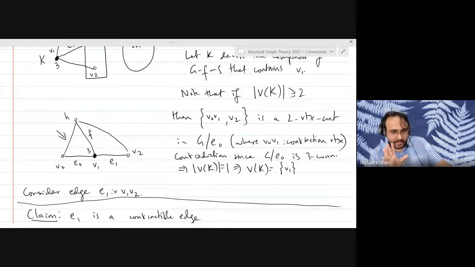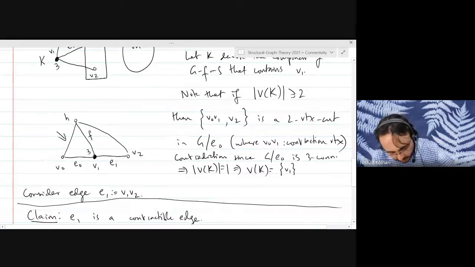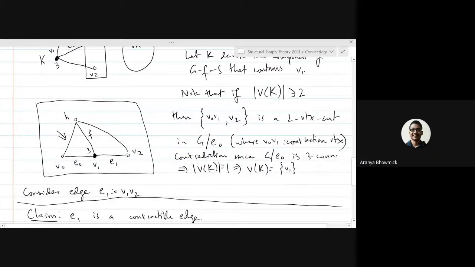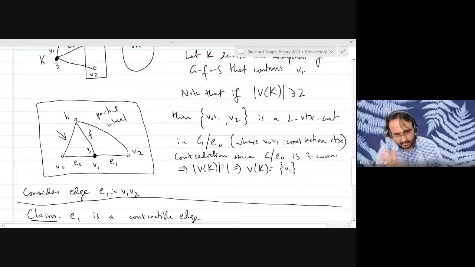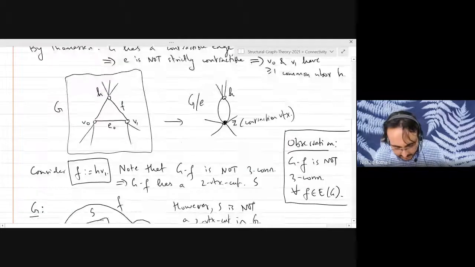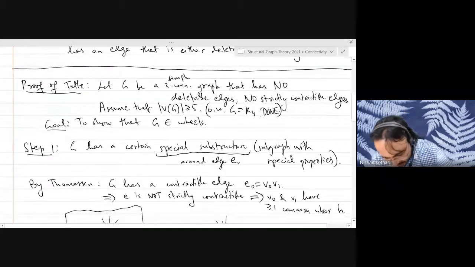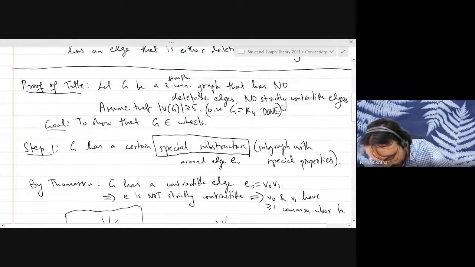And I will write down the definition of a partial wheel for you. Basically, it's a wheel minus a rim edge. Not exactly. I'm going to write down the exact definition of a partial wheel. Okay? But it's similar to what you said. Okay, so let's write down the definition of a partial wheel, and that is our special substructure.